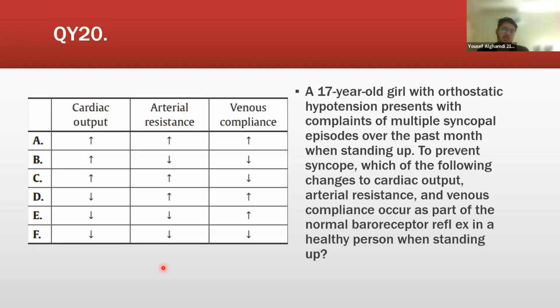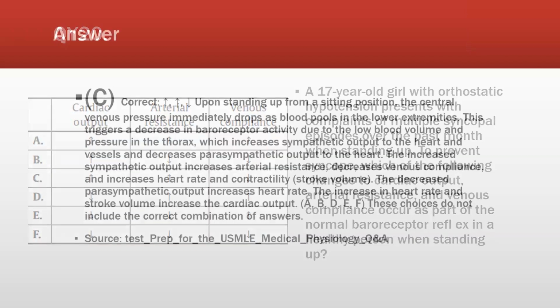That also means you will decrease venous compliance. So basically, this whole question is, what will happen when you have orthostatic hypotension? You will have a sympathetic increase, which will increase cardiac output through chronotropic and inotropic effects. You will have an increase in arterial resistance from vasoconstriction. And you will have a decrease in venous compliance as the veins will narrow, or you'll have venoconstriction. Okay?